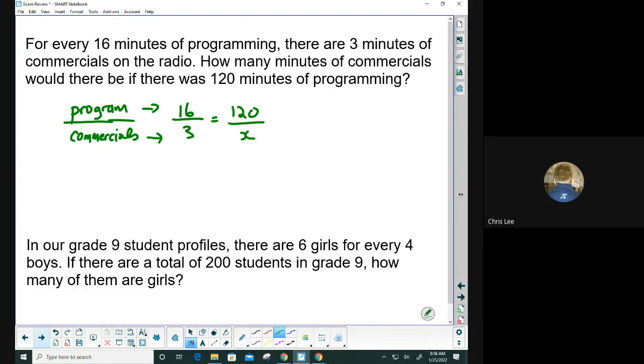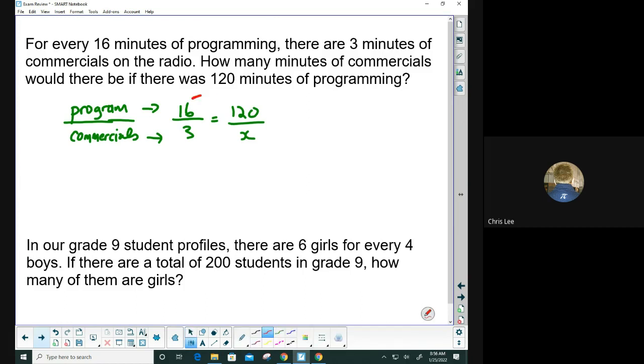This one might work. Test it out. What do you multiply by 16 to get 120? Is that a nice number? I don't think it is. If I do 120 divided by 16, well, 7.5. That might be okay.